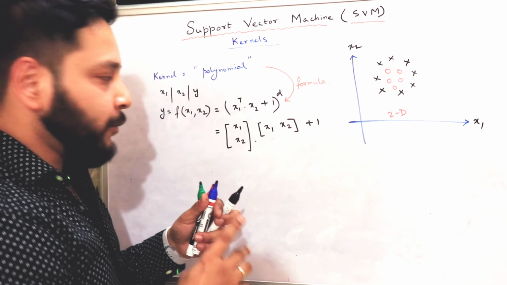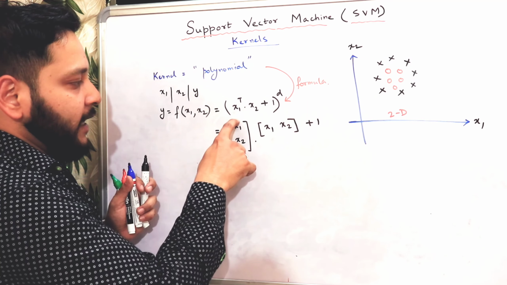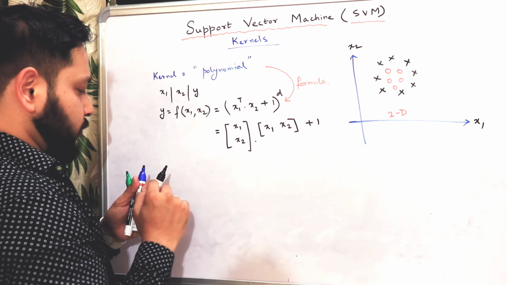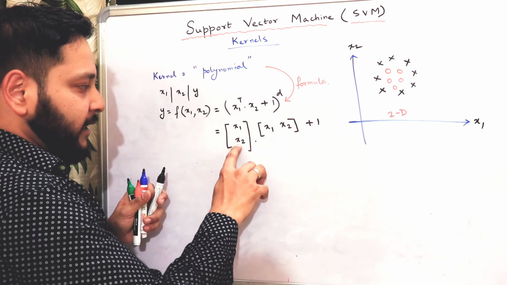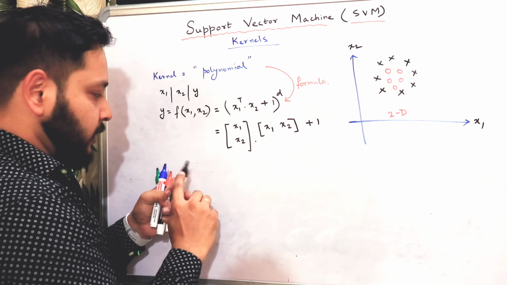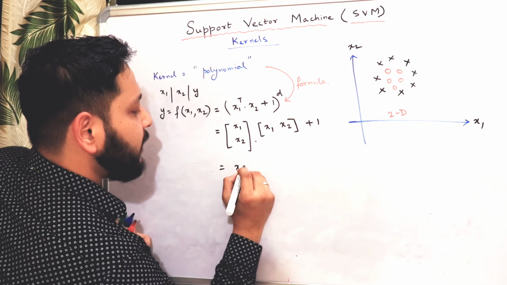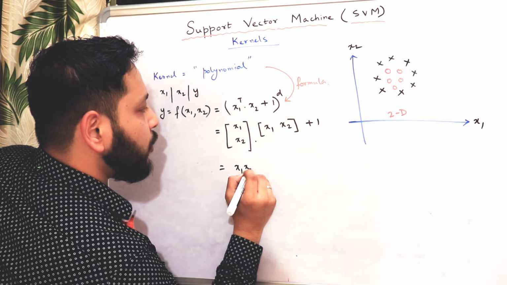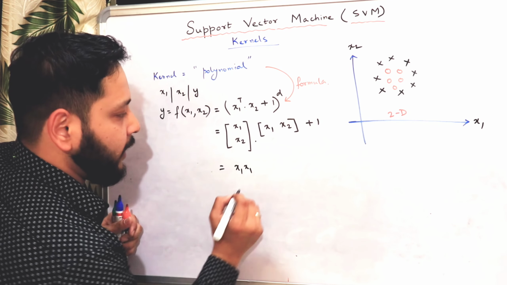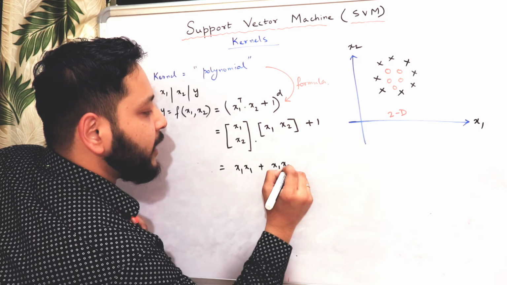And we know what is dot product? Dot product is multiplication of x1 into x2 plus x1 into x2. I have already explained. Then this multiplied by this plus this multiplied by this. So we can write it as x1 into x1 plus x1 into x2.